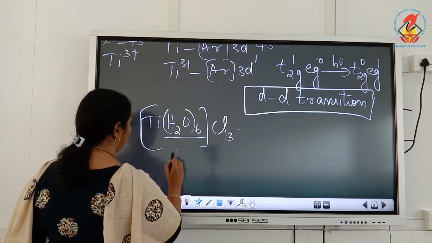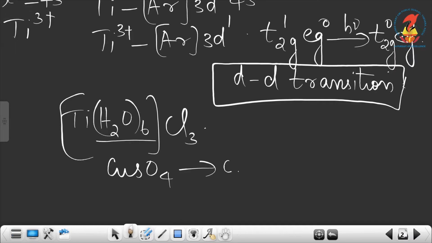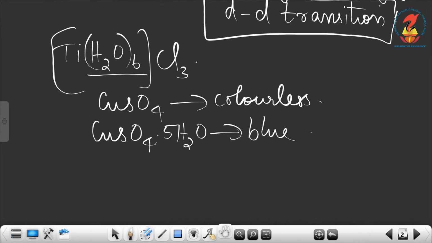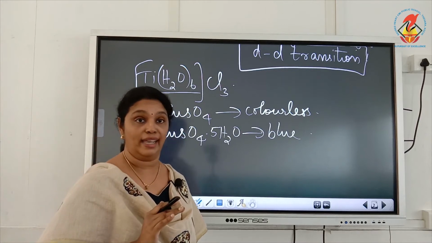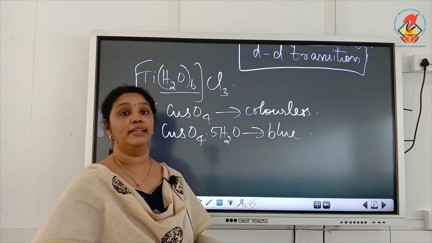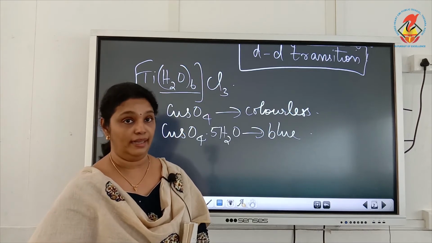Another example: CuSO4 is colorless, whereas CuSO4·5H2O is blue in color. Why? Because in CuSO4·5H2O the water molecules act as ligands, so it is blue, whereas CuSO4 has no ligand, so it is colorless.